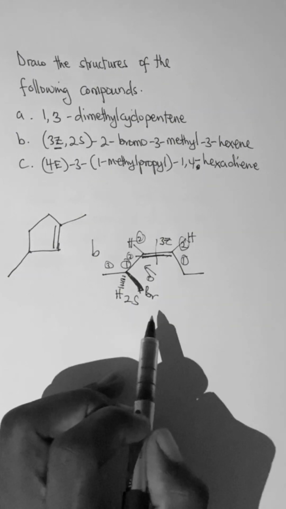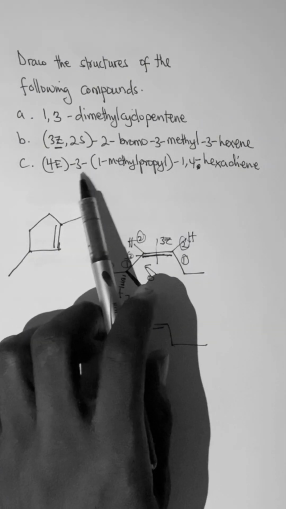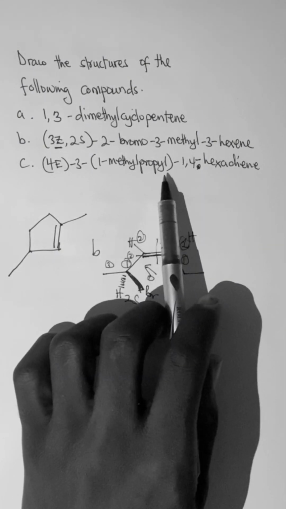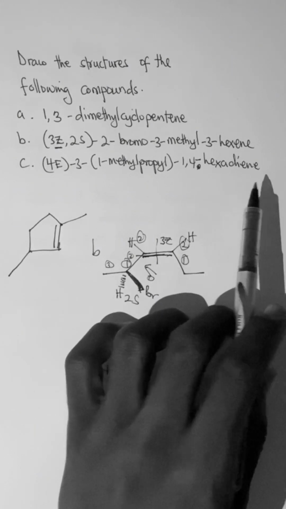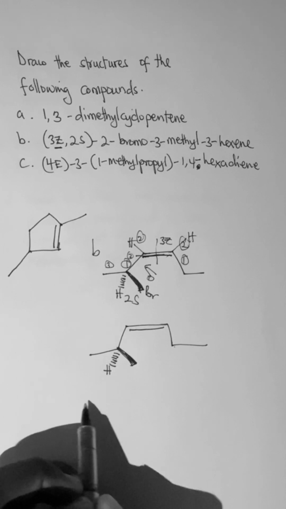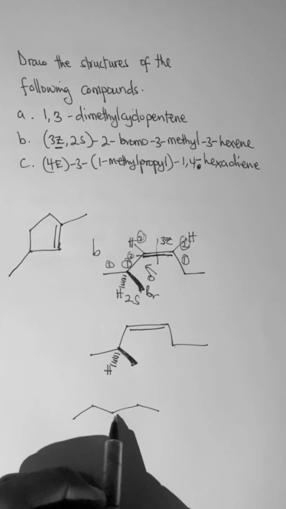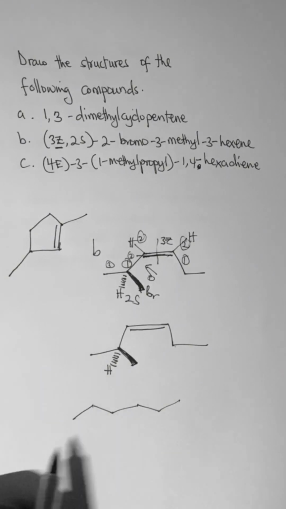So let me redraw it. The last part of the question says 4E, 3-(1-methylpropyl)-1,4-hexadiene. So the parent chain is a hexadiene, so let's draw a hexadiene. 1, 2, 3, 4, 5, 6.